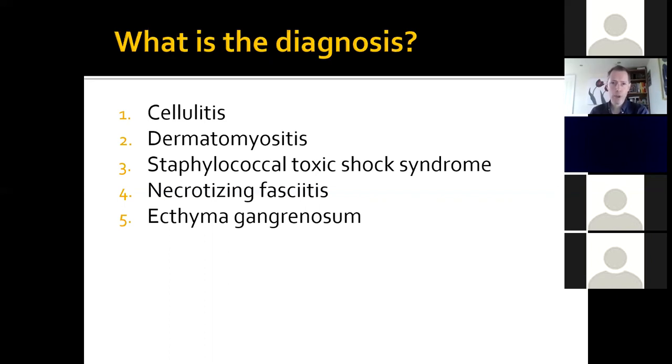Chains are typical of streptococci. So staphylococcal toxic shock syndrome would not be the diagnosis here. I'm going to tell you a little bit more about necrotizing fasciitis and ecthyma in the coming slides.